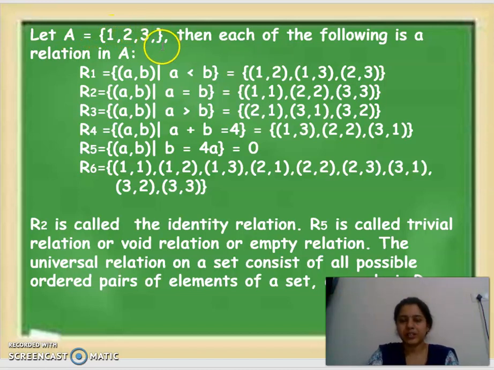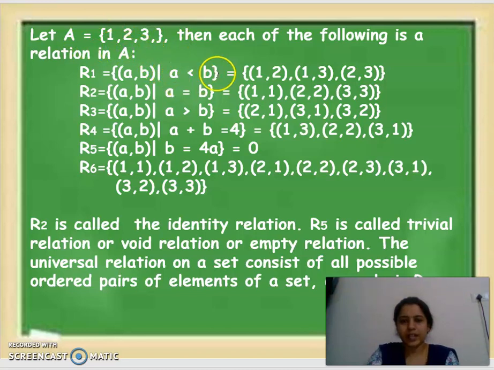Here the relation is applied on the same set, A to A. So first, R1 is a relation which contains ordered pairs (a, b) such that a must always be less than b. So like that we have to pair the elements. This small a we took from the set A, and b also we took from the set A.